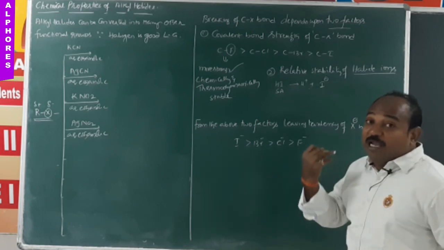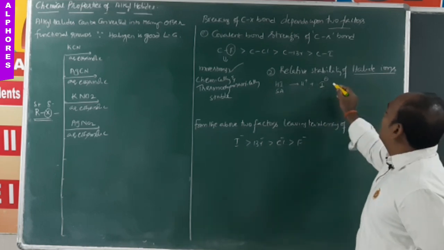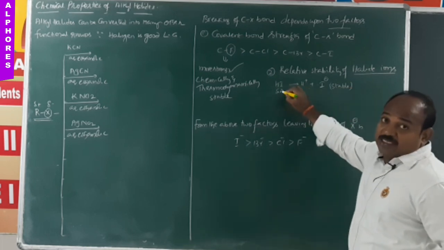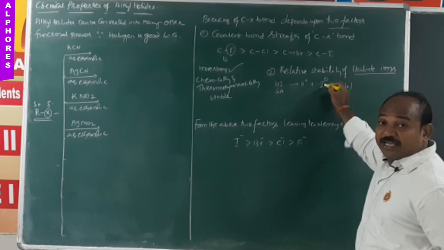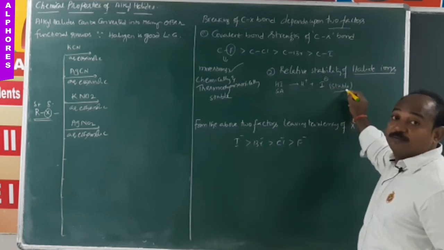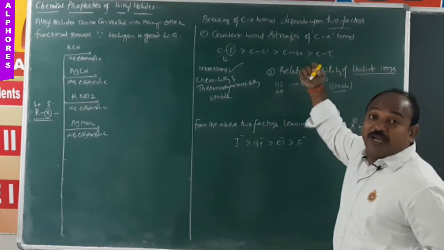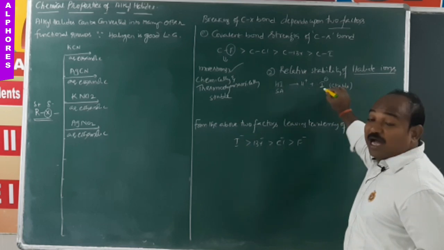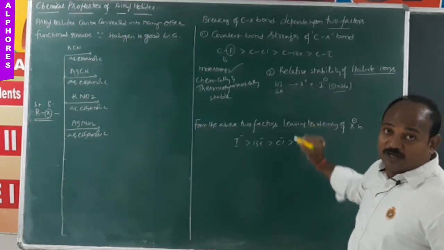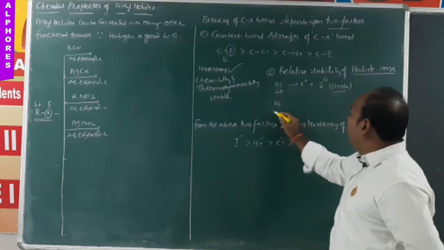So even by donating the proton, it can exist. That means I minus is stable, since the conjugate of a strong acid is generally a weak base. Being a weak base, it is more stable. Here the strong acid has more tendency to donate H plus, and I minus can survive even though H plus is not there. Let us consider HF. HF, we know, is a weak acid.